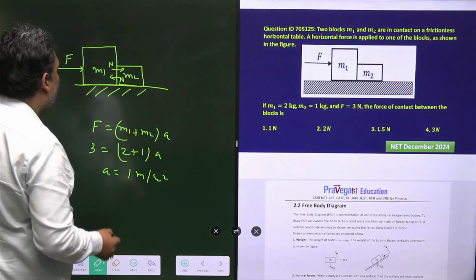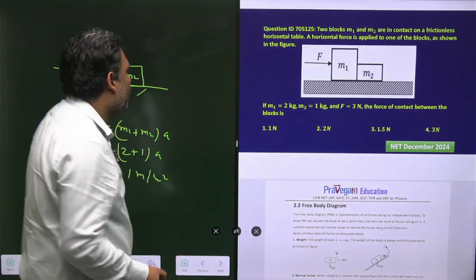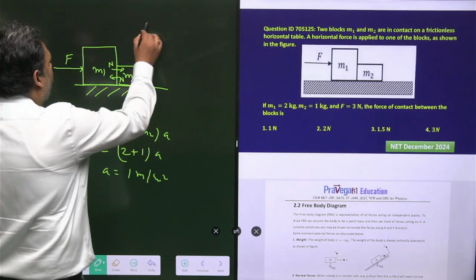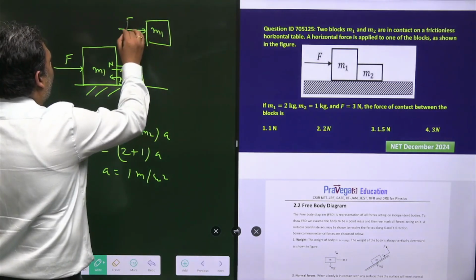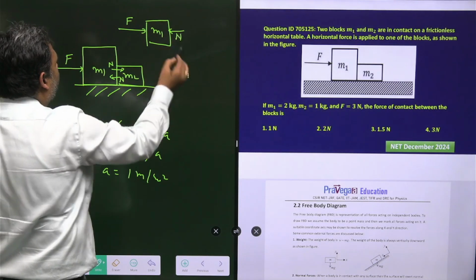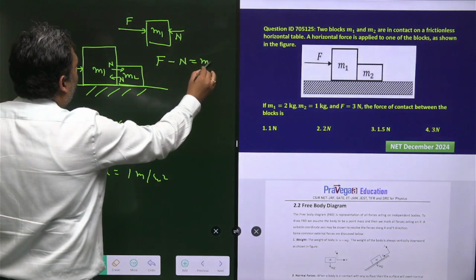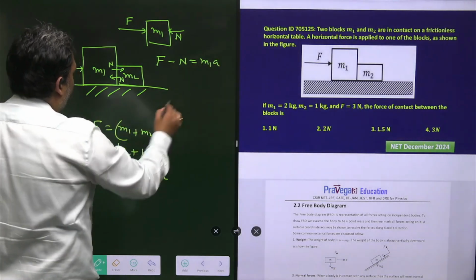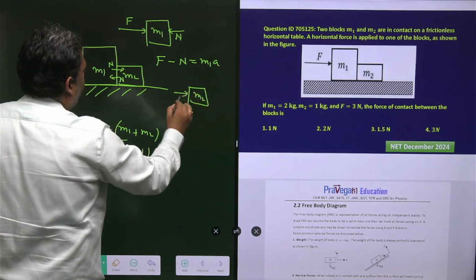Now we can go for a free body diagram separately for M1, because we have to find the contact force. This is all about M1. This is F, and we have the normal force like this. So F minus N is equal to M1 A. And for the second part, this is your M2, and we have N here.